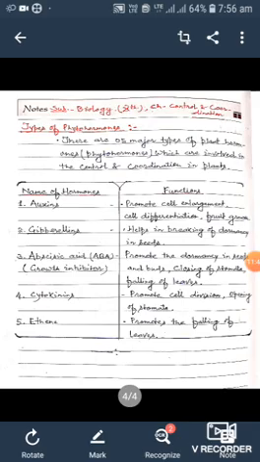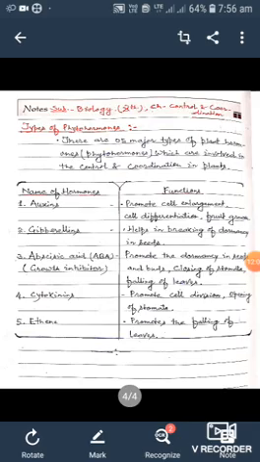First one is auxins. Auxins help to promote cell enlargement, cell differentiation and fruit growth, as a result of which the growth of the plants takes place. Second is gibberellins. It helps in breaking of dormancy in seeds.